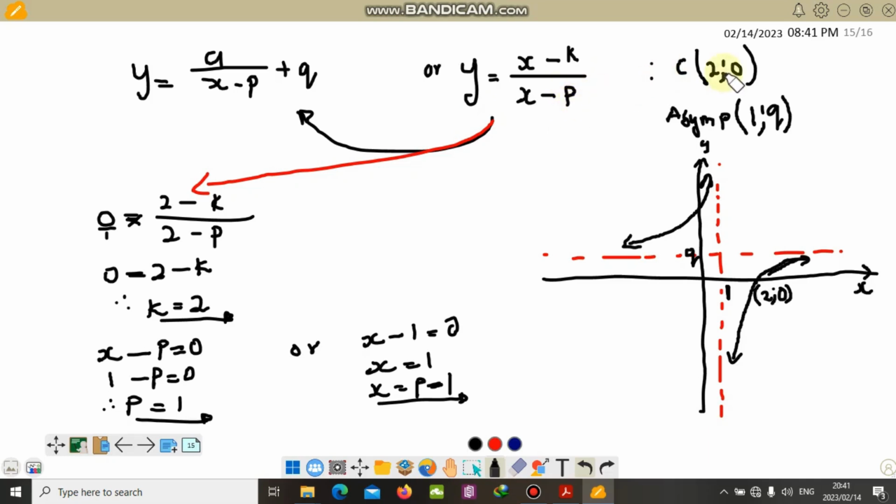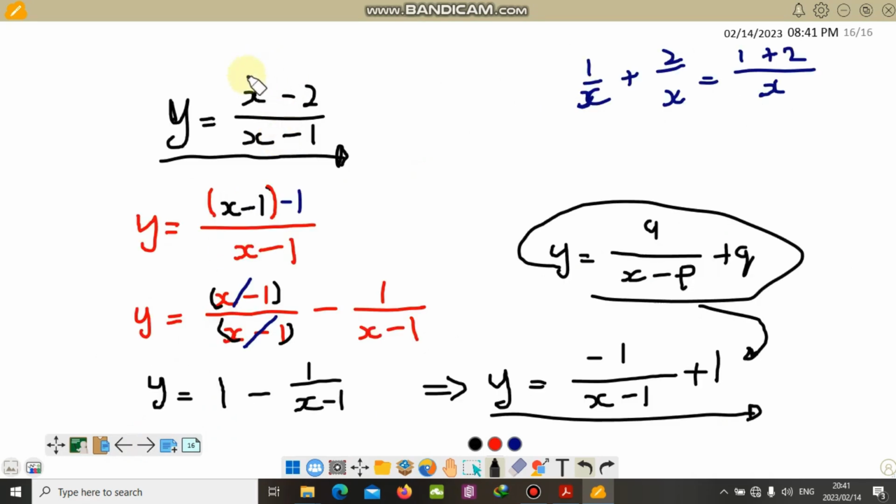You just substitute the coordinate and you substitute p, and then k will be the only unknown. So once you have p and k, substitute them in the equation, and from here just simplify and then write it in the standard form.